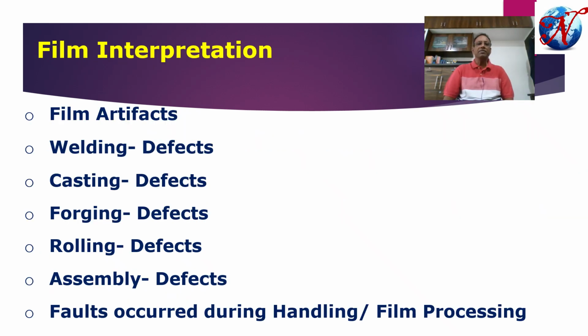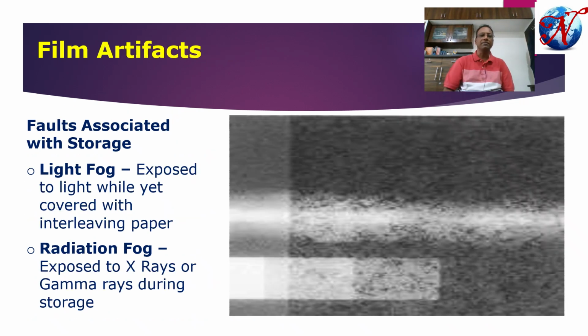So in this training program, we will try to discuss the film interpretation steps, that is the film artifacts, welding defects, casting defects, forging, rolling, assembly, and the faults occurring during handling and film processing steps.